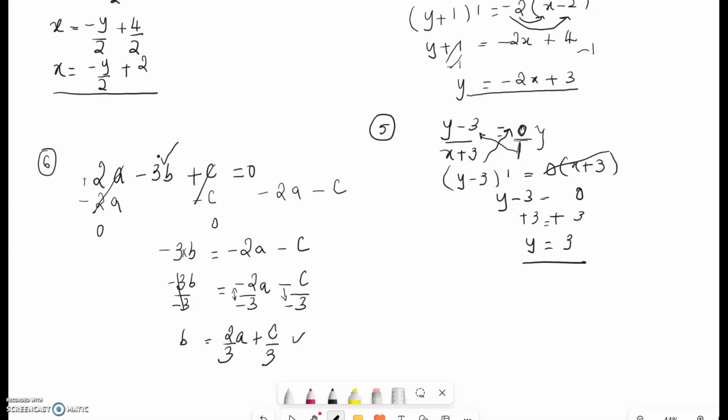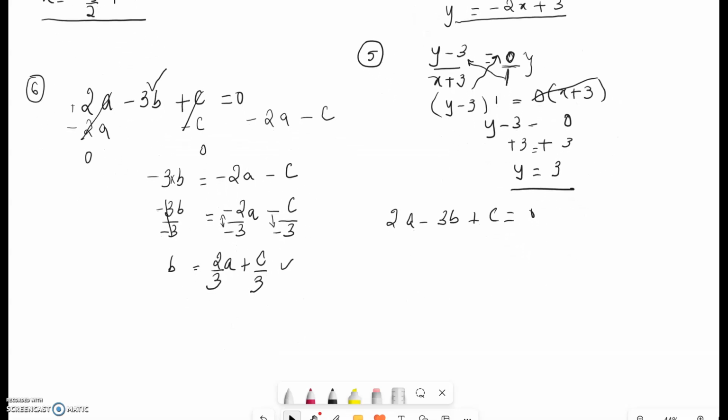Now, what if I want to use the same equation, 2a minus 3b plus c equals 0, and I want to solve for a? Then I keep a on one side, add 3b, subtract c, but do the exact same thing on the right side. Remember, this is a 0, plus 3b minus c.